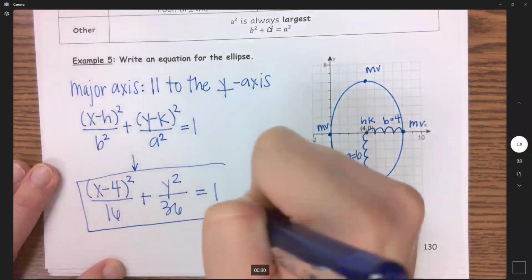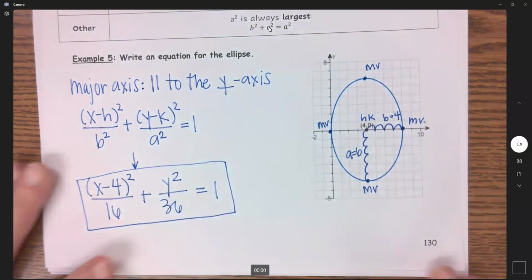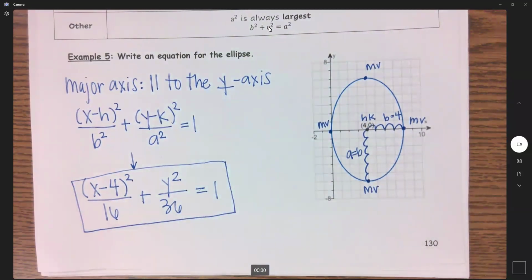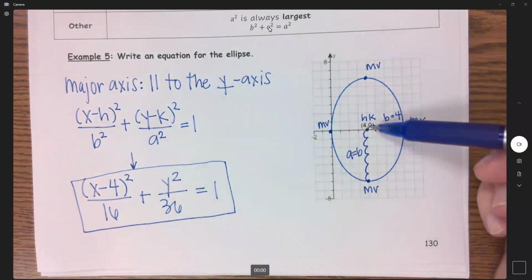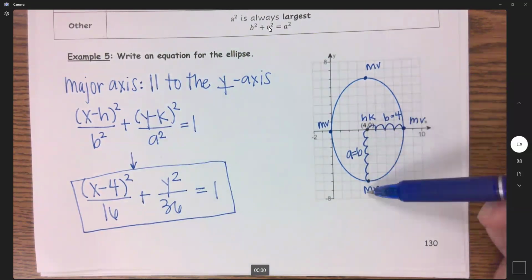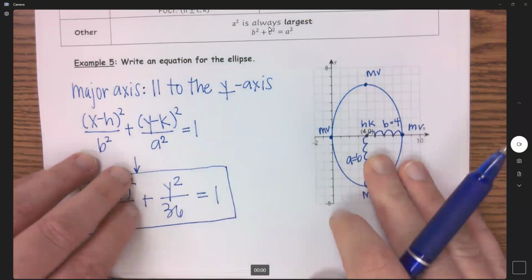So going from graph to equation is very, very straightforward. Find the center and find the distance from center to minor and major vertices.